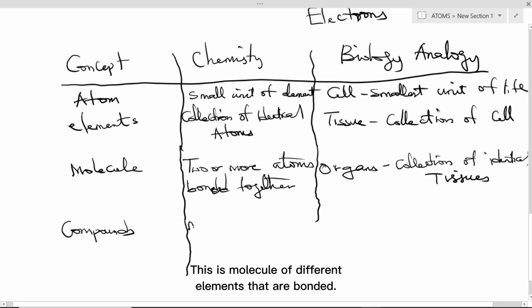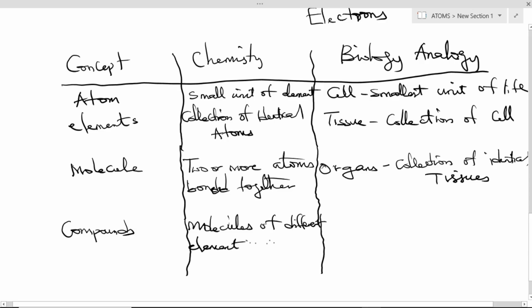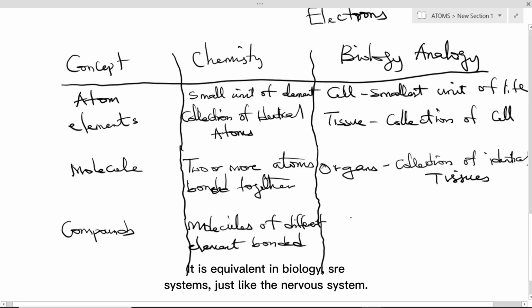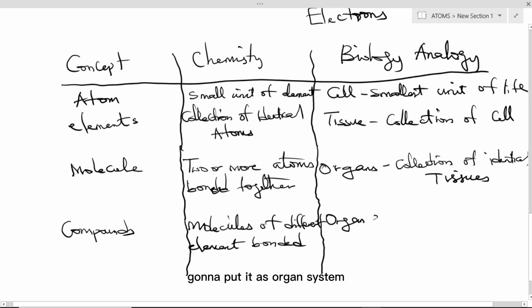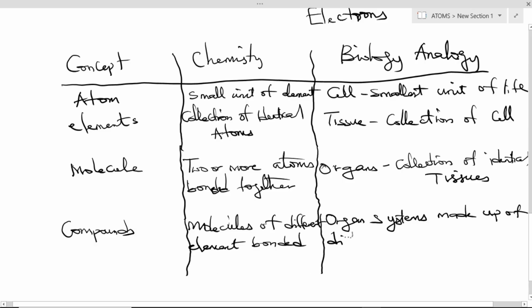This is a molecule of different elements that are bonded. Its equivalent in biology are systems, just like the nervous system, the cardiovascular system, the skeletal system. Of course, we're going to put it as organ system, that is made up of different organs.